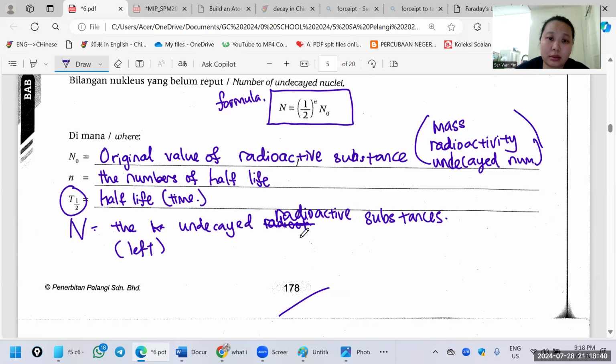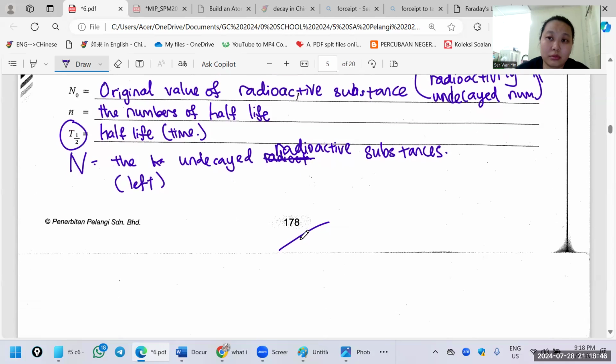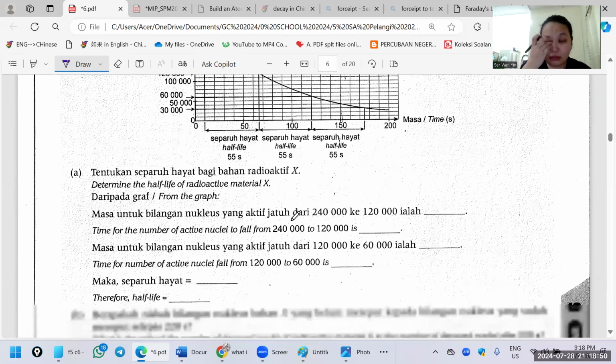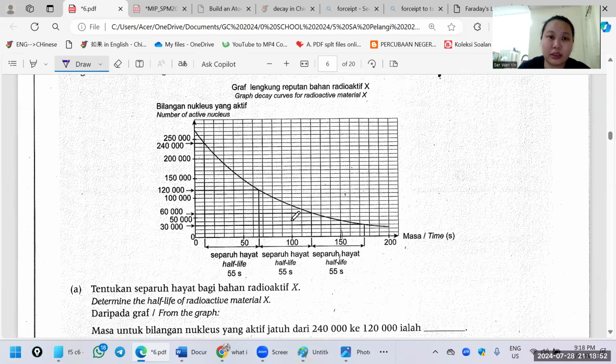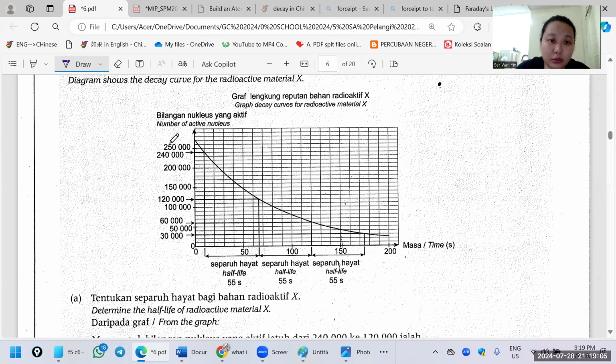So then now example. Now, for example, from the graph, the half-life, this is a little bit difficult, but you also can do this.